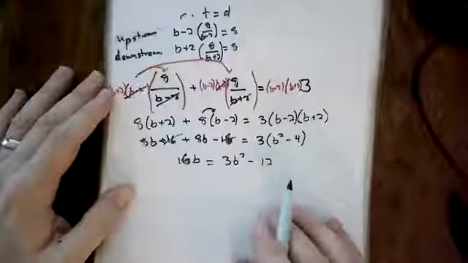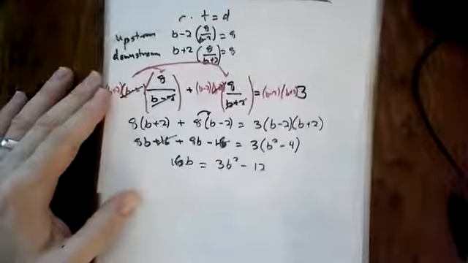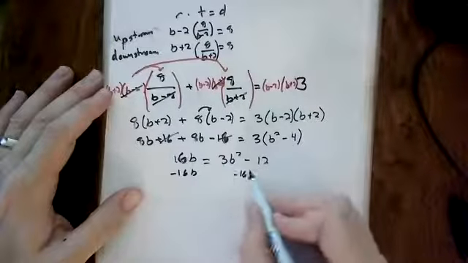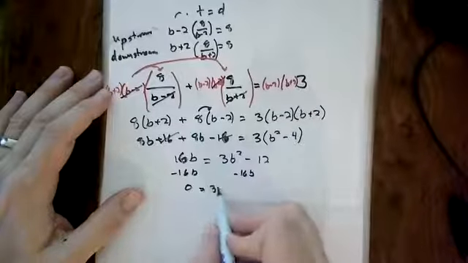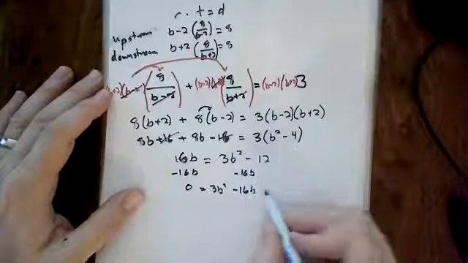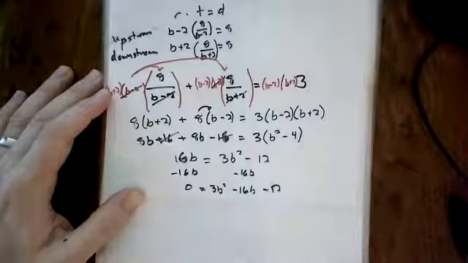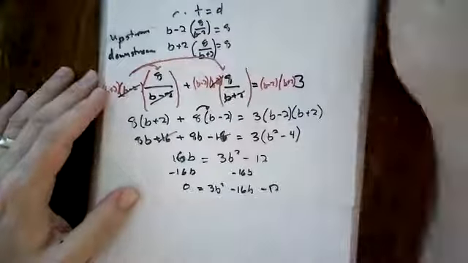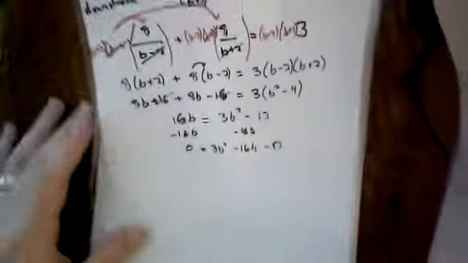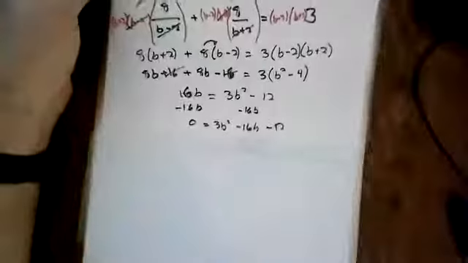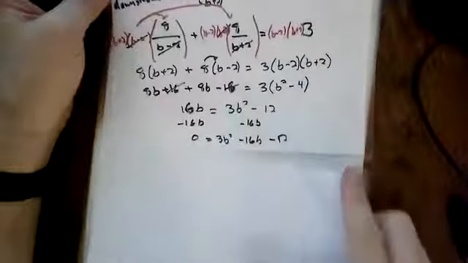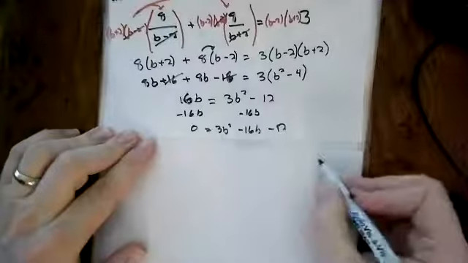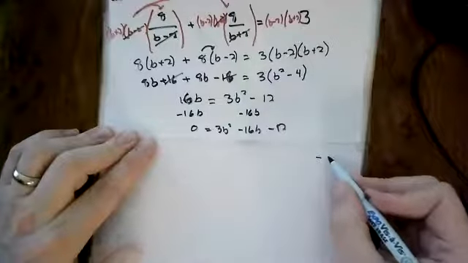We're left with a quadratic equation, but that's okay. That's something that we should be able to solve. I'm going to go ahead and subtract 16b from both sides. So I'll end up with 0 is equal to 3b squared minus 16b minus 12. And from here, now we get to factor this thing. 3 times negative 12 is negative 36.